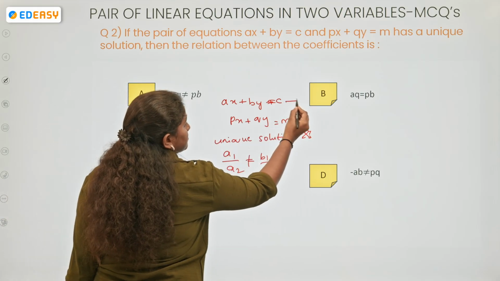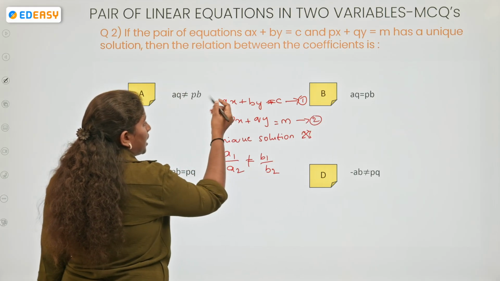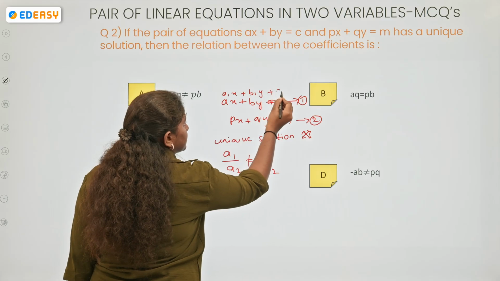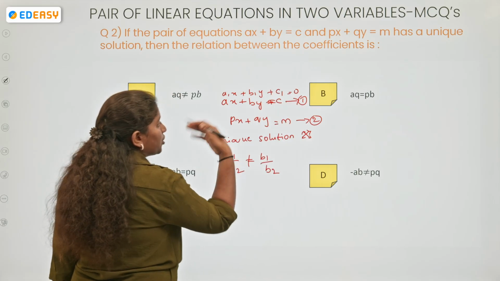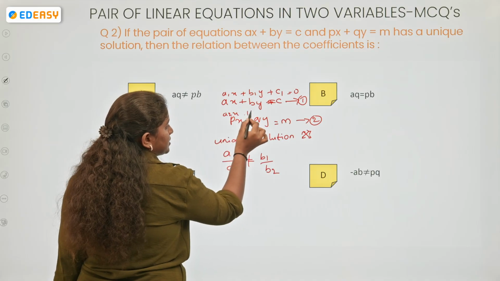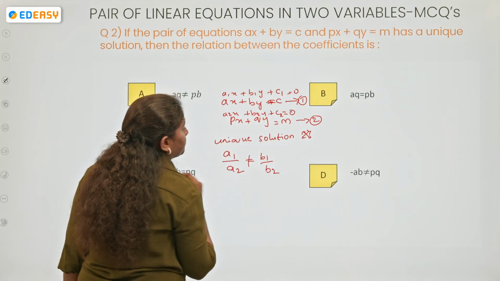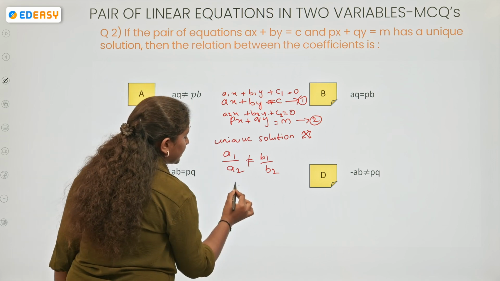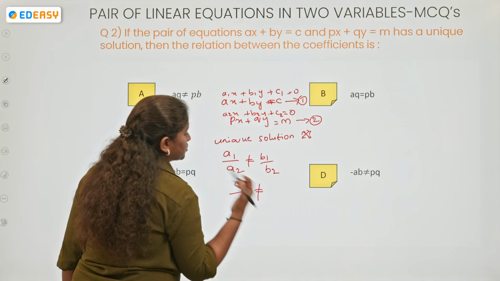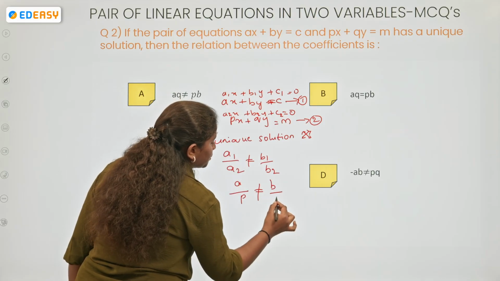If I am taking this as my equation 1 and this as equation 2, here it is a1x plus b1y plus c1 equals to 0, or you can take your c to the other side, and it is a2x plus b2y plus c2 equals to 0. Now, a1 will become a and a2 will become p, which is not equals to b1, which will become b, and b2 will become q.